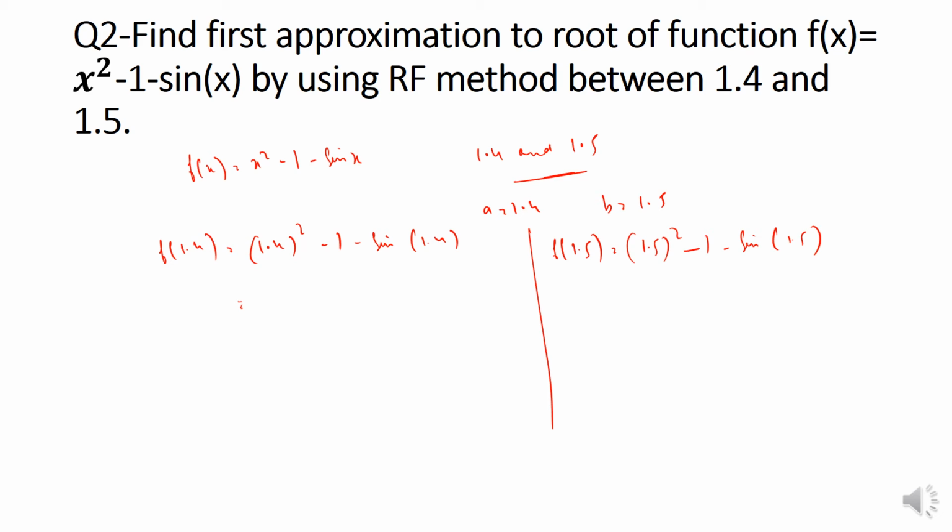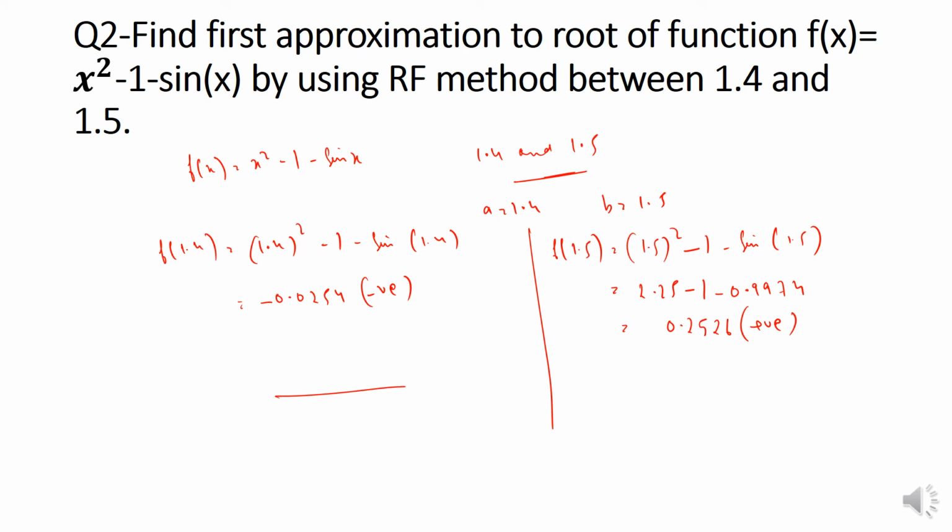Using a calculator, we get f of 1.4 as minus 0.0254, a negative value, and f of 1.5 is 2.25 minus 1 minus 0.9974, which is 0.2526, a positive value.